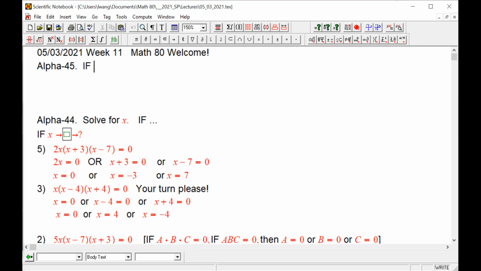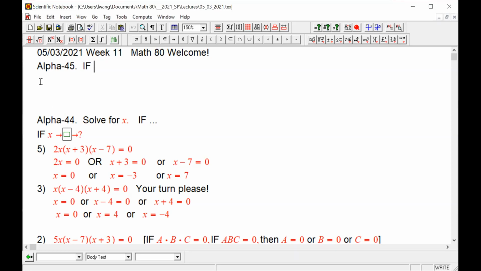Solve for x, factoring completely. So I put them in the table, right? In order to solve for x, we have to factor completely first. And these are very typical questions that we had seen before. I'm just going to do two or three examples, and then we're going to move forward. I trust you guys can do this, right?